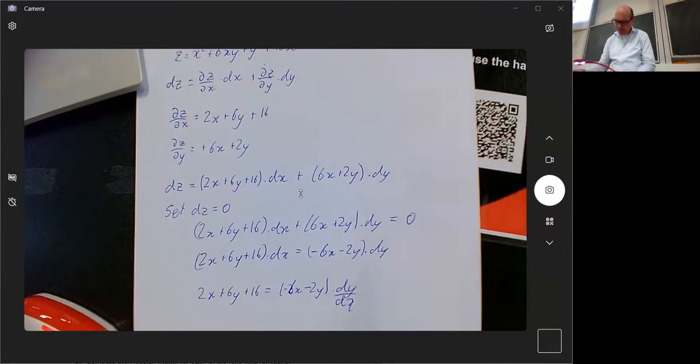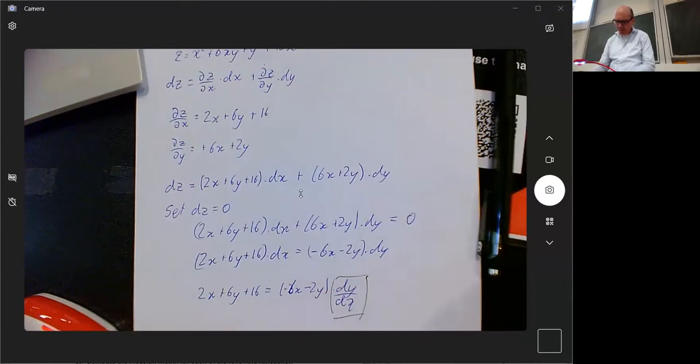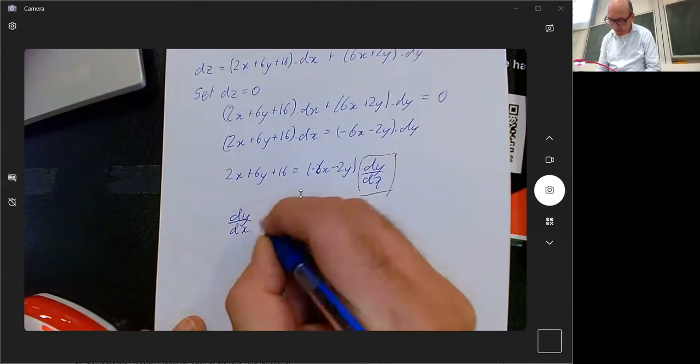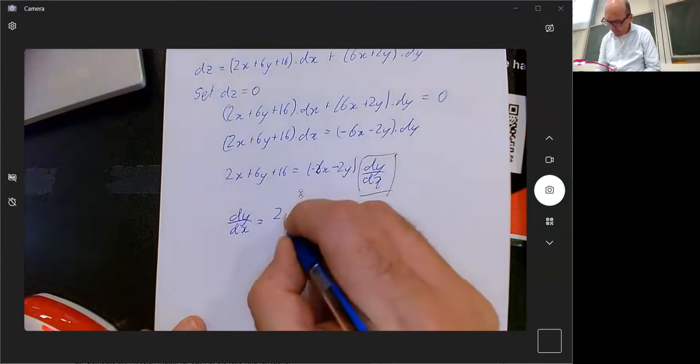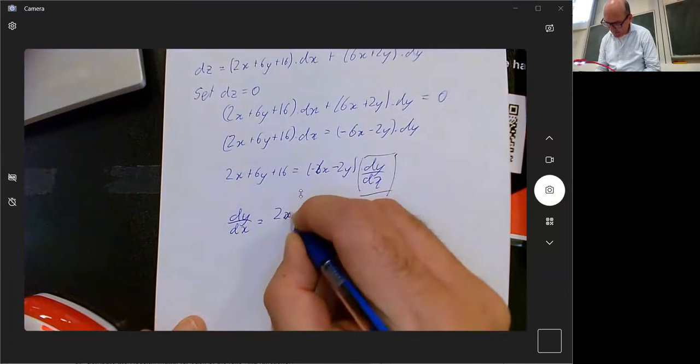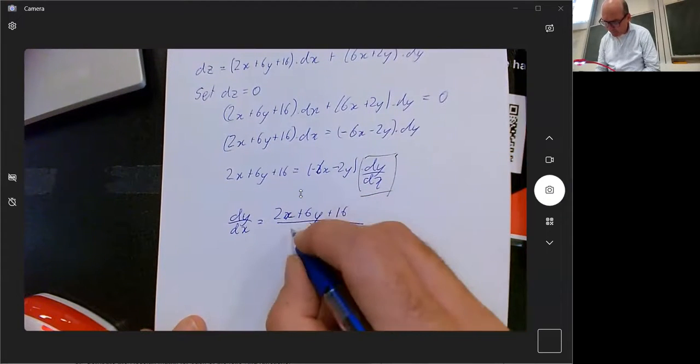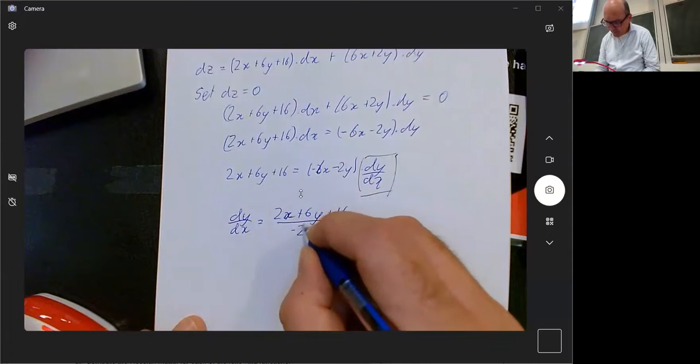I'm actually trying to get this particular thing. I want to get it by itself, so I'm going to divide through by this. And I'm going to do a dodgy trick where I switch it over. So I want to say dy dx is equal to 2x plus 6y plus 16 on minus 6.